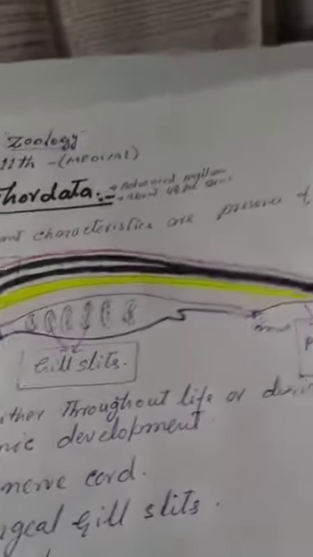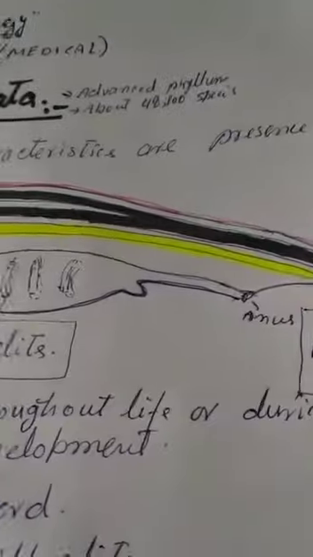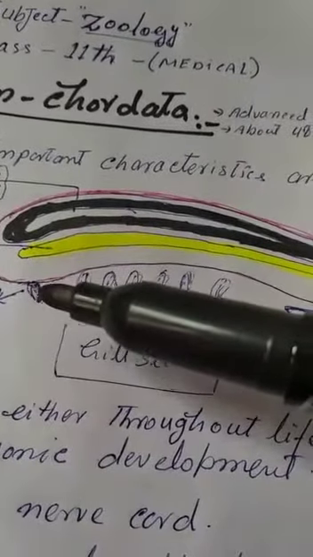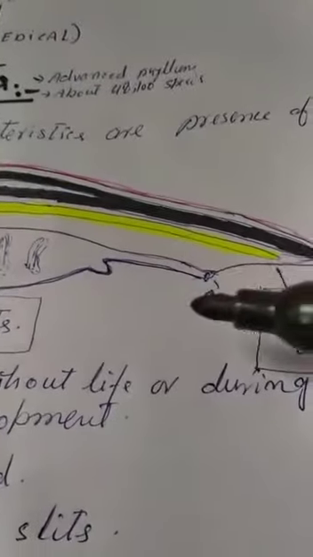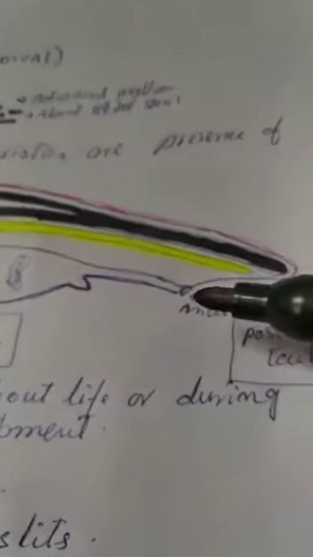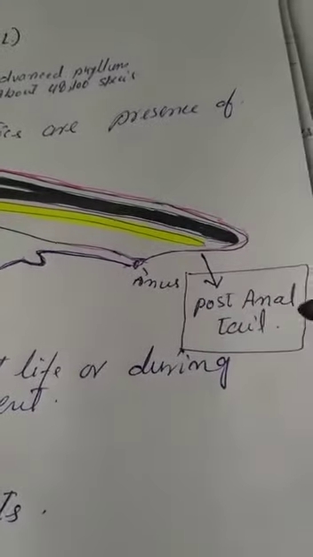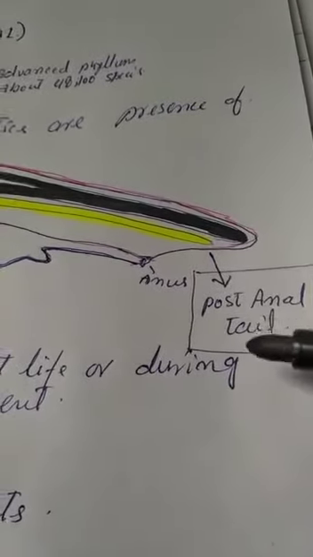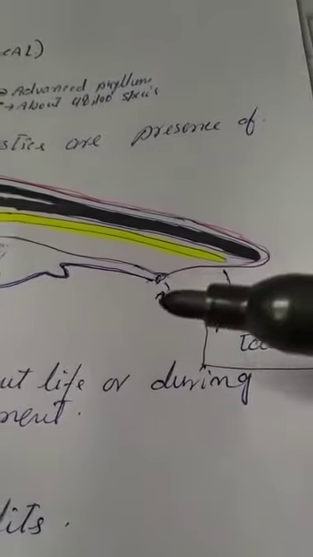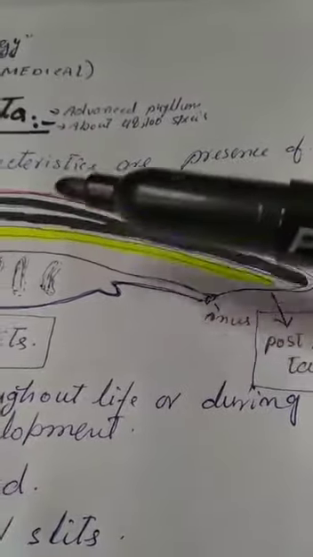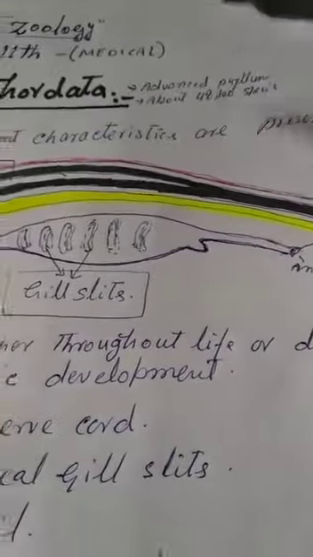And there is a post-anal tail. Here you can see this is the mouth of the alimentary canal. This is the anus, and from this anus to this tip is the post-anal part, also called the post-anal tail. The presence of this post-anal tail is another characteristic feature of the phylum Chordata.